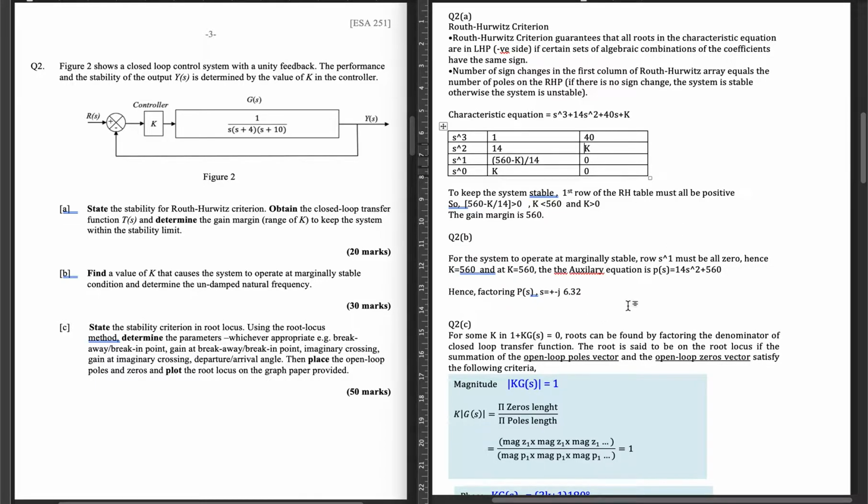And then from there, we can find the roots, which are exactly on the imaginary axis. That means the system is marginally stable. So the natural frequency in this case is 6.32 radians per second.